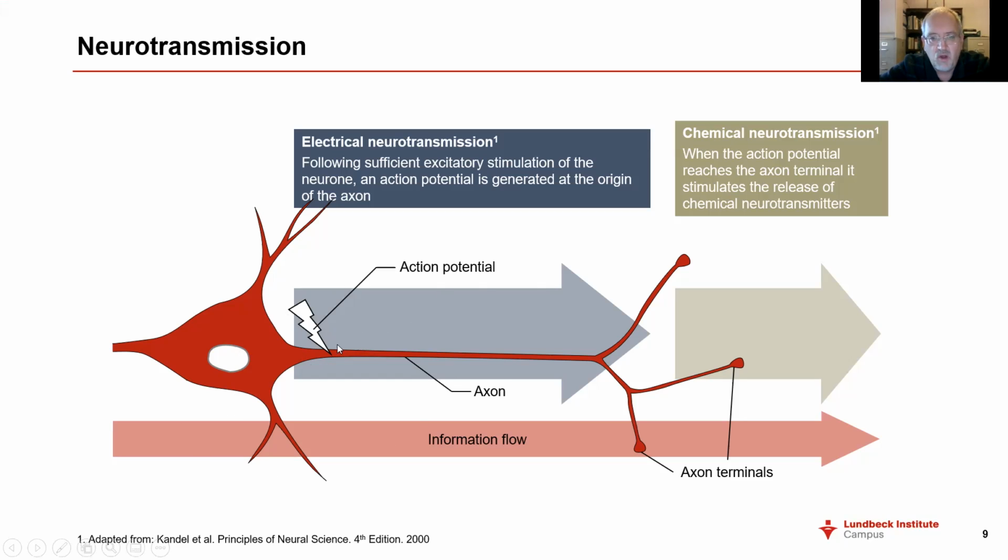Then there's the axon. Something happens in the neuron, chemicals are released, which is called the action potential, and then the chemical message is sent through the axon and the axon terminals. This involves the release of the neurotransmitters.